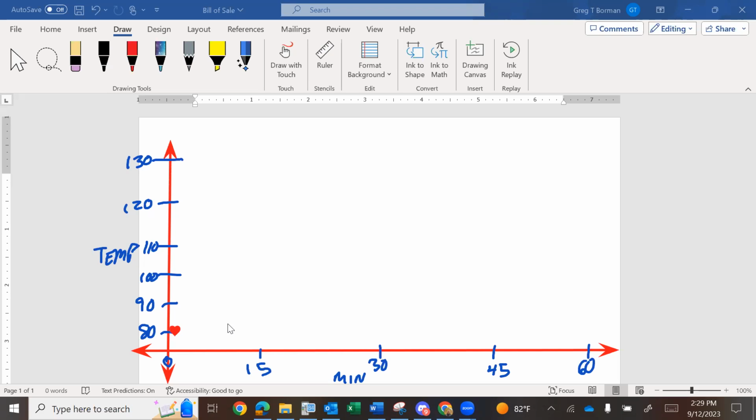Then at the 10-minute mark, which is about here, we're at 99 degrees. Whoa. Okay. Then at the 20-minute mark, we're at 109. So 20 minutes is going to be about here, 109 degrees, about there-ish. All right. Then at the 30-minute mark, we're at 114.